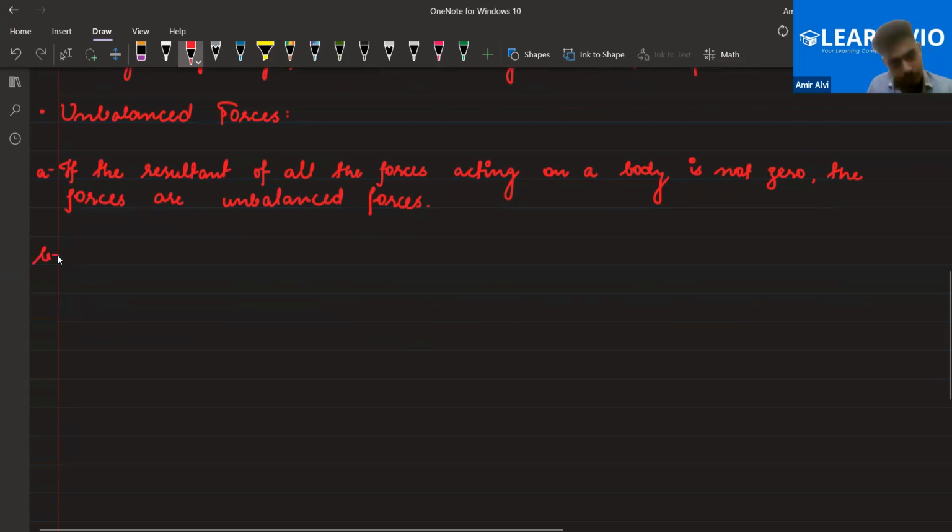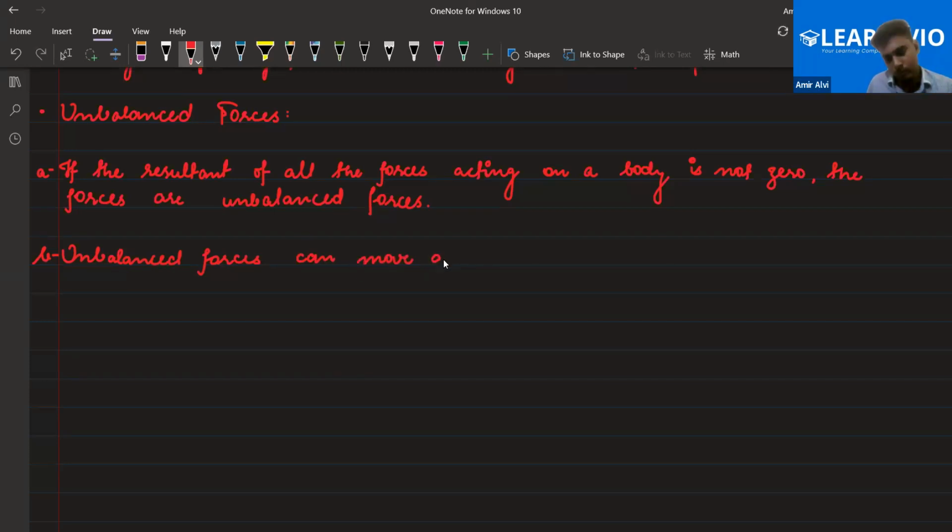Okay, so the next point is: unbalanced forces in the state of a stationary body can produce motion, and they can stop a moving body. Clear, everyone? Yes, sir.